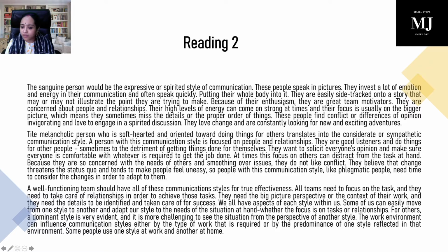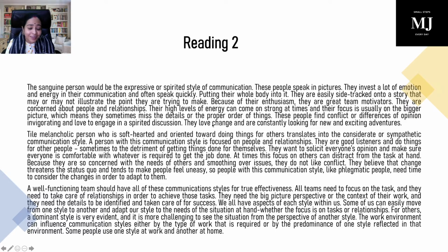Let's move ahead. Because of their enthusiasm, great team motivators. Okay. Concern about people and relationships, so definitely in favor of changes. Right? These people find conflict or differences of opinion invigorating and love to engage. Oh my god, they find conflict and differences invigorating and love to engage in a spirited discussion. They love change.